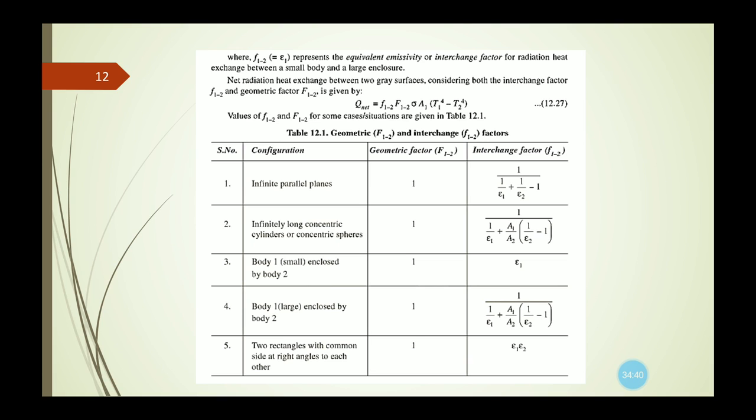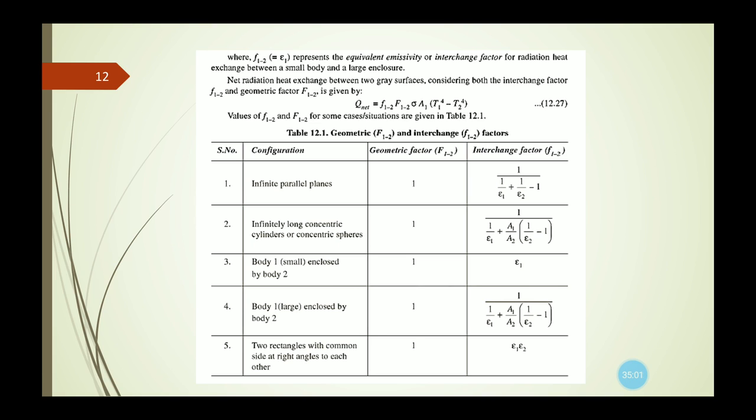So for the first case, in case of the infinite parallel planes, the geometric factor capital F12 is equal to 1, and the interchange factor small f12 is equal to 1 by (1 by epsilon 1 plus 1 by epsilon 2 minus 1).